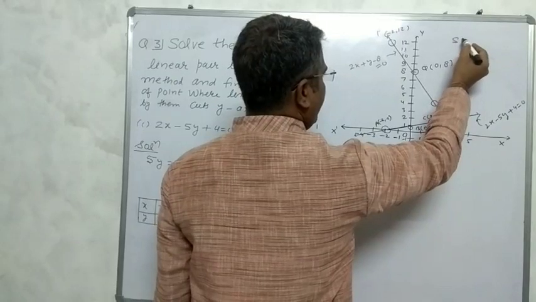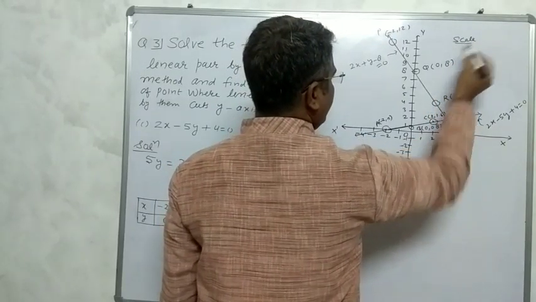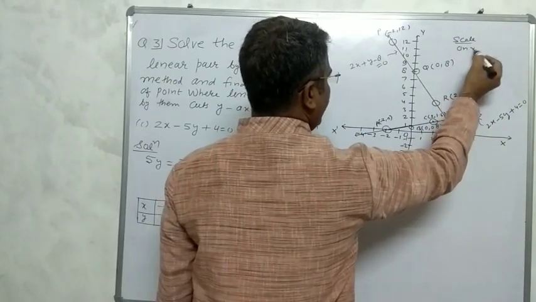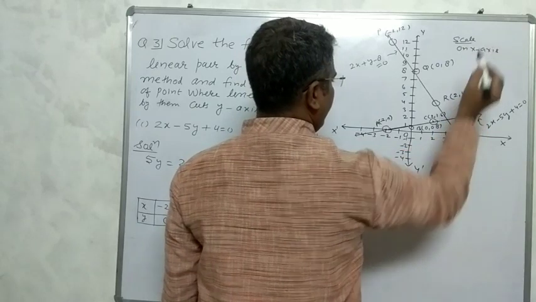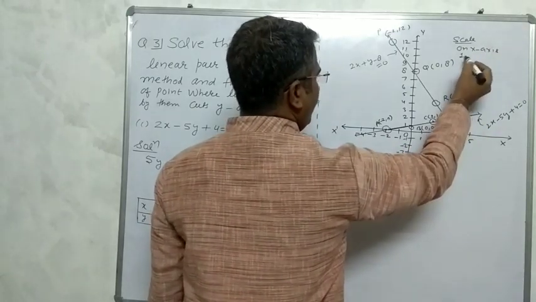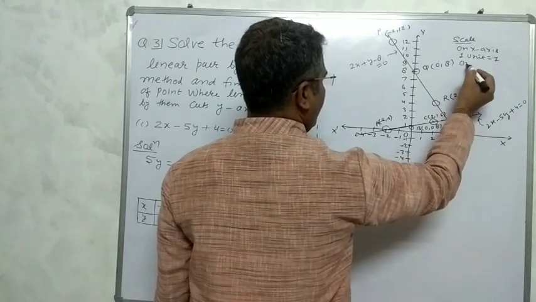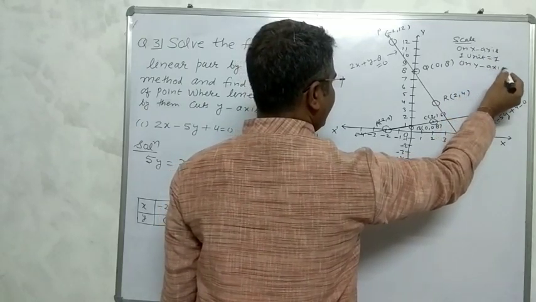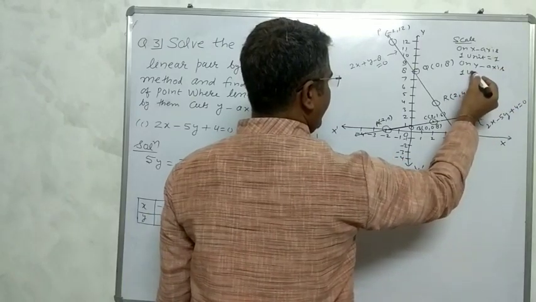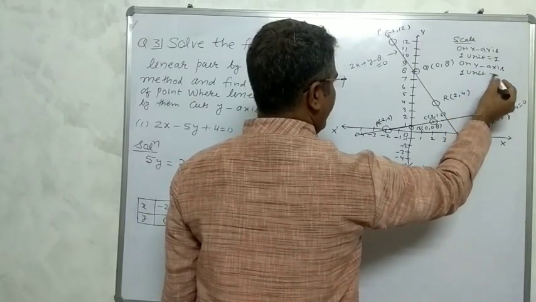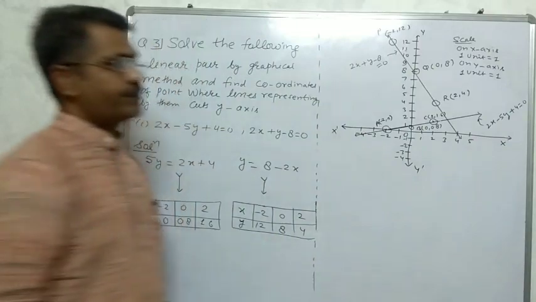Write the scale: on x-axis 1 unit equals to 1, on y-axis 1 unit equals to 1.